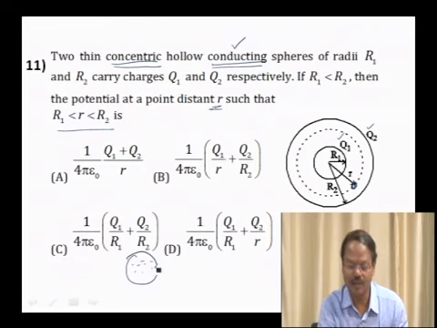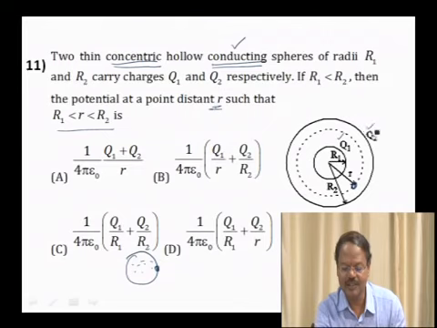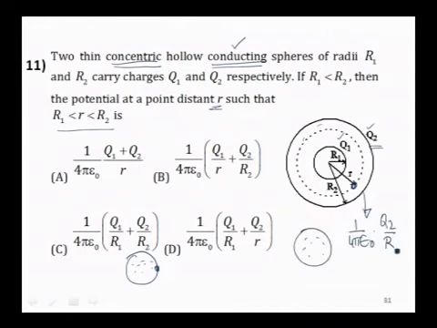So for the external sphere which has a charge Q2, potential anywhere inside is the same as the potential at the surface. So the effect of this sphere is 1 over 4 pi epsilon naught times charge by its radius, that is the potential of the outer sphere Q2 inside at the point of consideration.